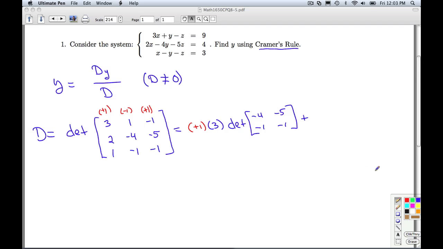Then I add to that a negative 1 times 1 times the determinant of the 2 by 2 matrix I get by ignoring the row and column this is in, 2, negative 5, 1, negative 1.